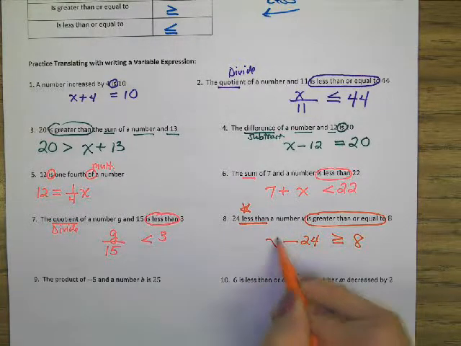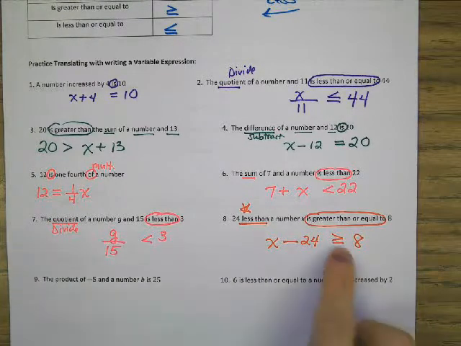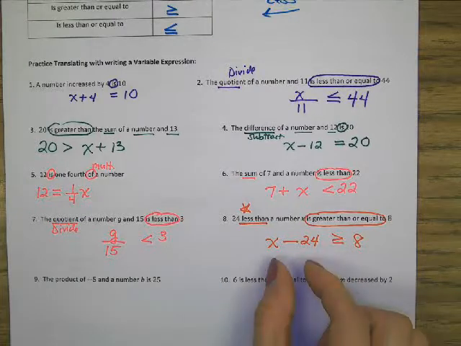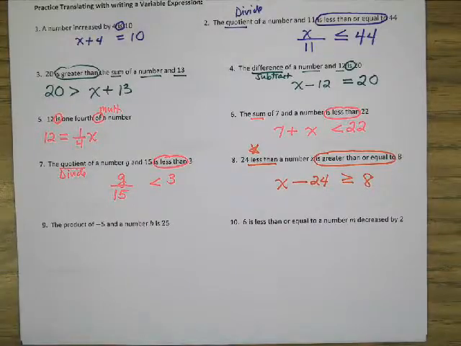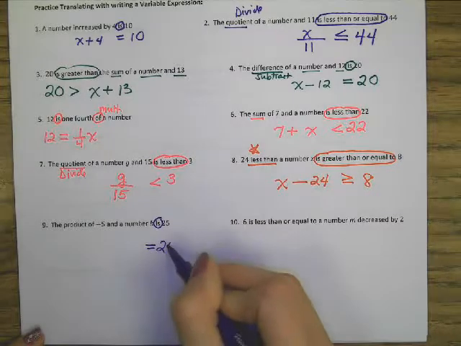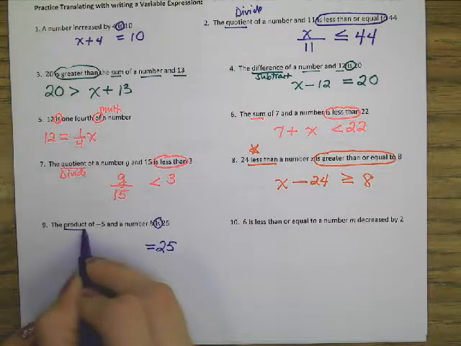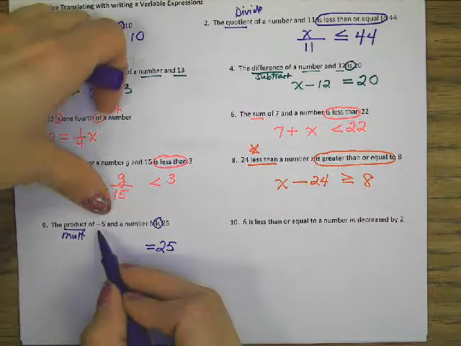Number 9, getting to the end here, is equal sign 25. The product. Product means to multiply. I need to multiply -5 and a number b. That would be good. Some people like to write -5 times b.